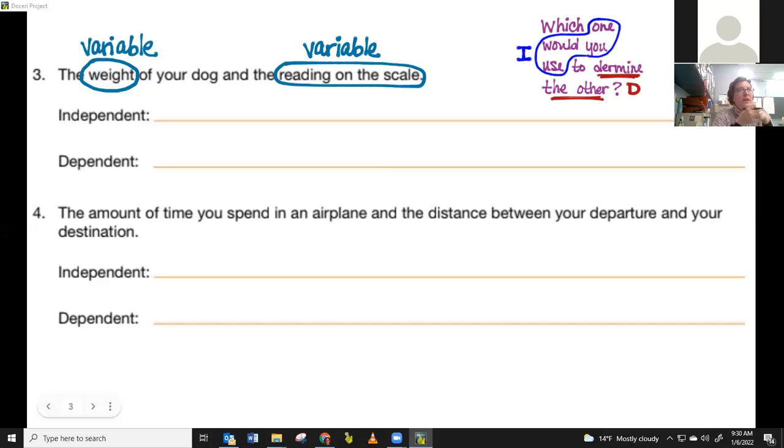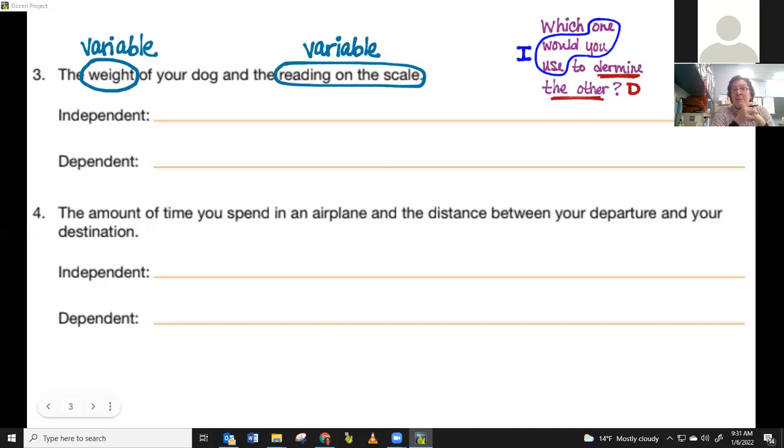What would make the weight of your dog change? Food, that would be one thing. Is there anything else that would make the weight of your dog change? Water, exercise.